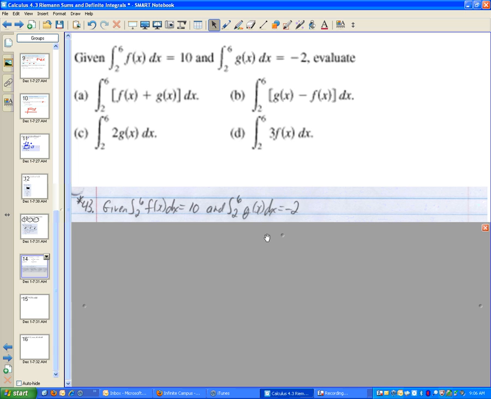All right, on number 43. We're given that the integral from 2 to 6 of f of x dx equals 10, and the integral from 2 to 6 of g of x dx equals negative 2. Let's do part A together. We need to evaluate the integral from 2 to 6 of f of x plus g of x dx.